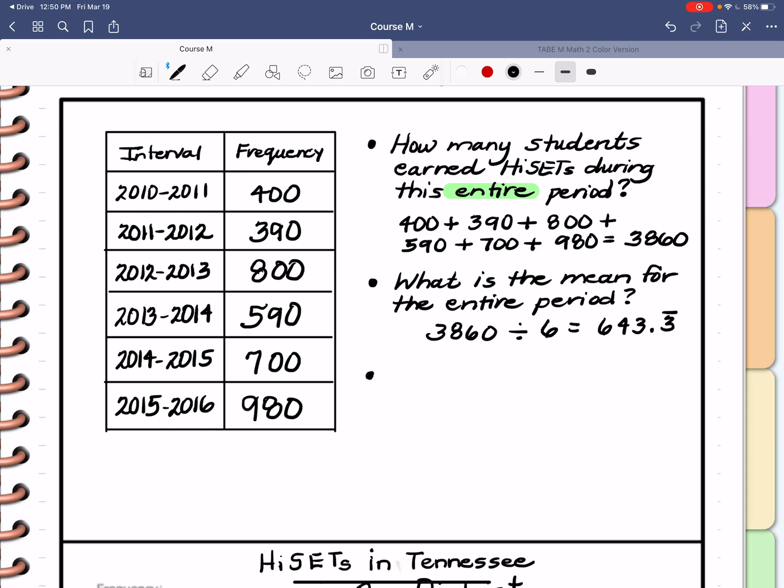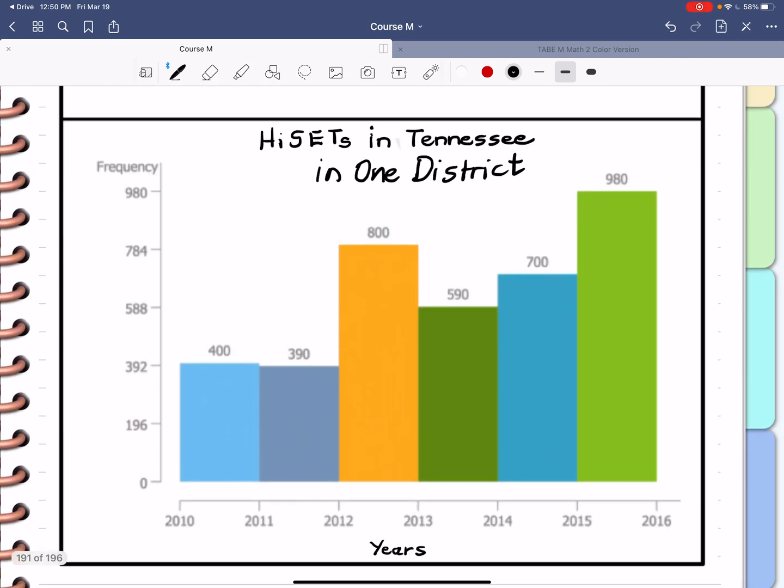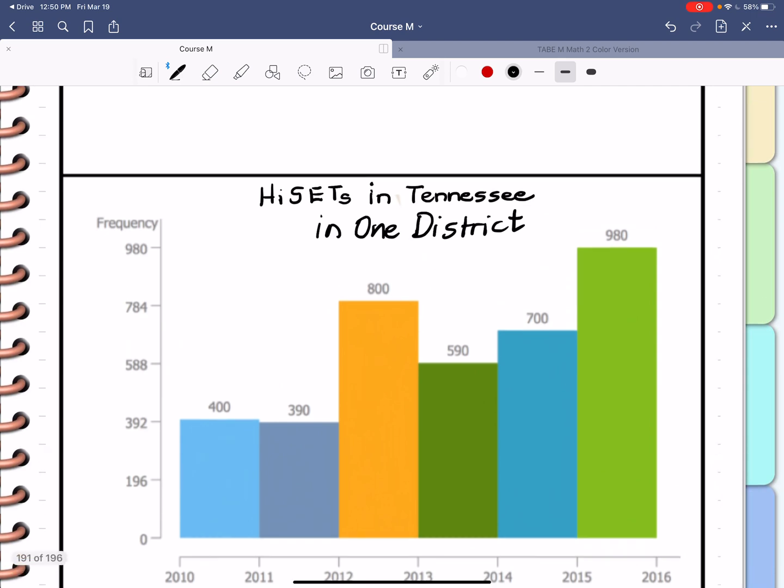Okay, let's do the median. Remember, with median, you have to do what? Put them in order. You can look at your numbers or you can look at your bars. Go from the smallest bar, the shortest bar, to the tallest bar.